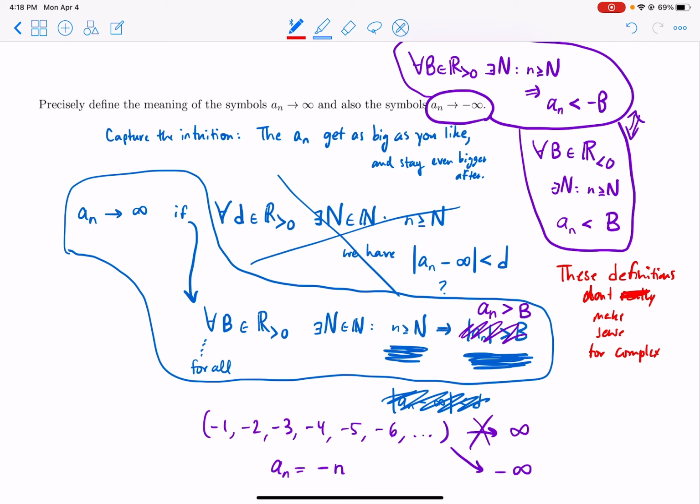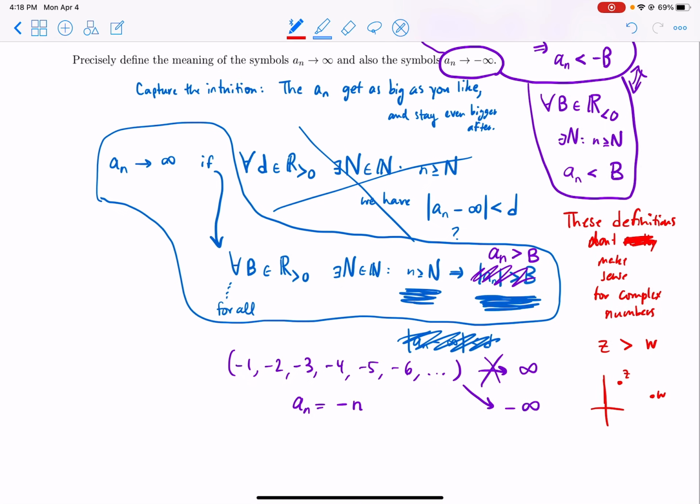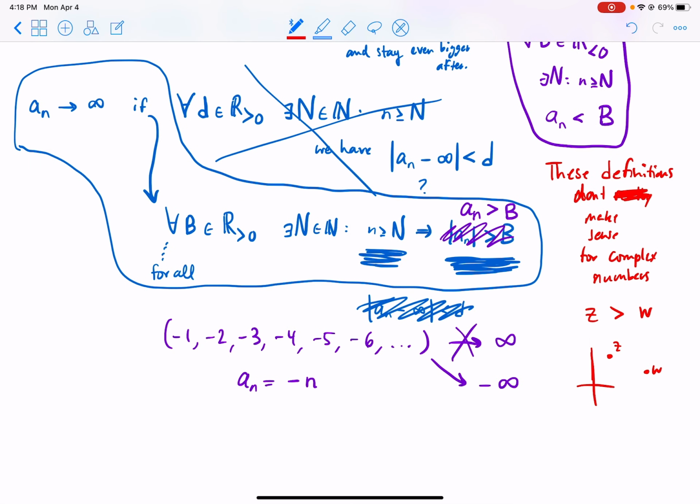Well, it's that they don't make sense for complex numbers because we don't have the greater than sign. You cannot say that z is greater than w for two complex numbers. If this is z and this is w, which one is greater? There is no greater than, there is no less than. We could say that the size of z and the size of w have a greater than or less than relationship.